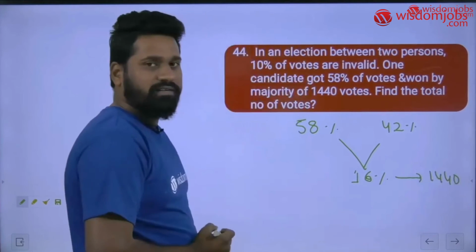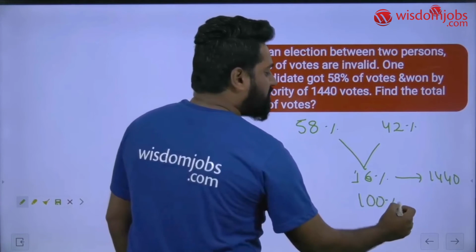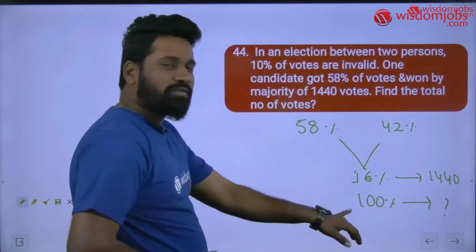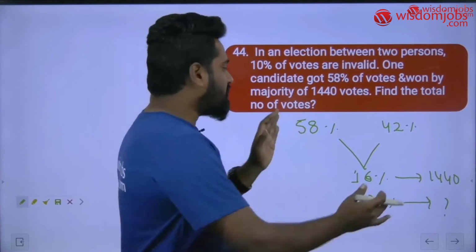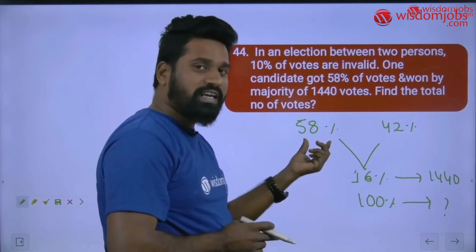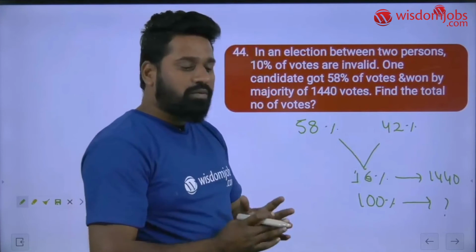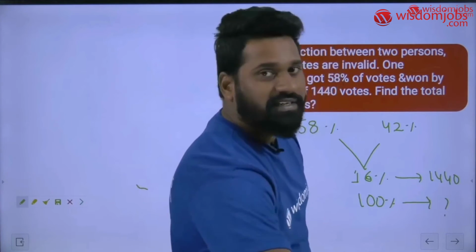This is given. Now we find the 100%. What are these votes? Valid votes only, because we are counting 58%, 42%, taking valid votes as 100%.